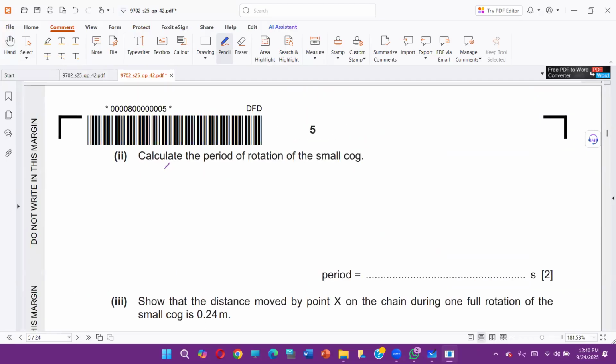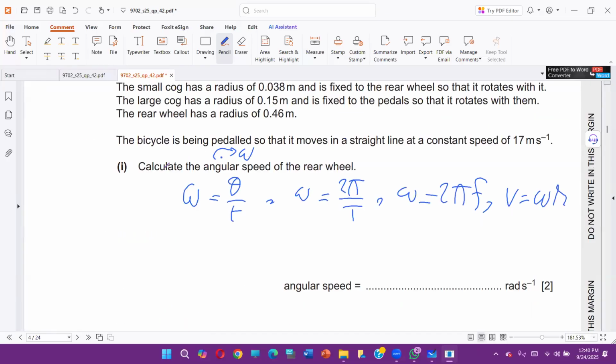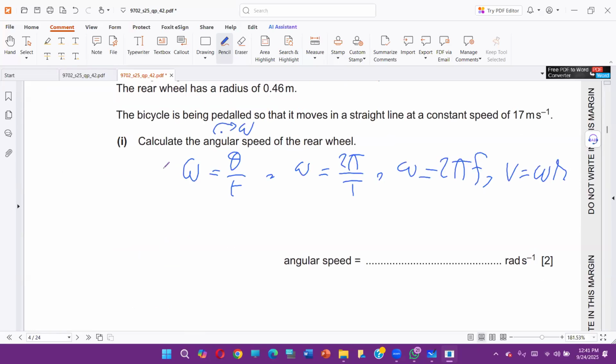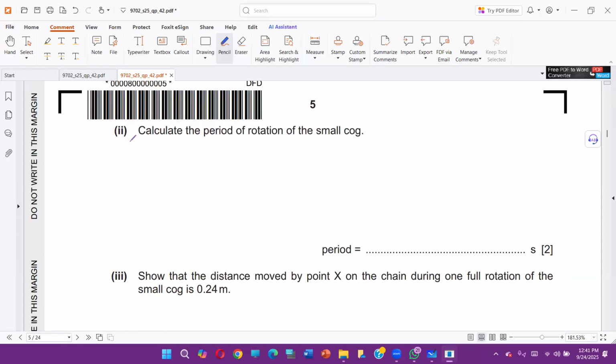Now calculate the period of rotation of the small cog. So what's the formula for time period? 2 pi upon omega. If you people have driven a bicycle, if the two wheels are connected and they're moving together, will they have the same omega? Yes.